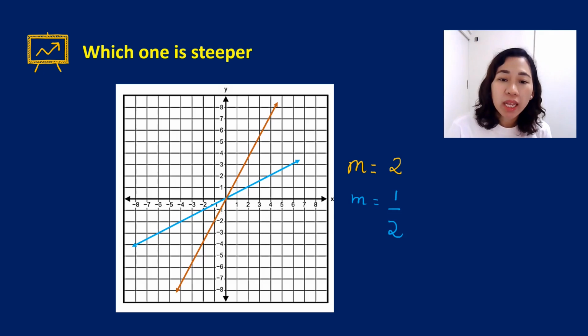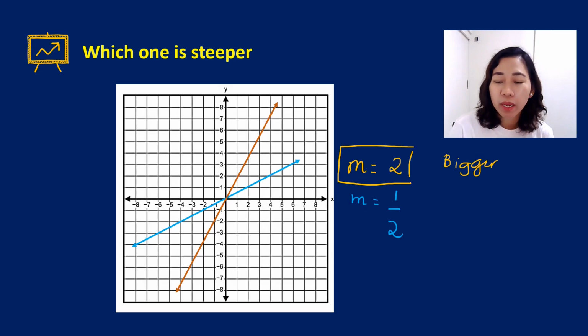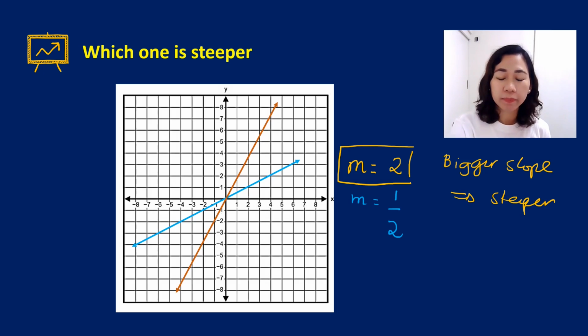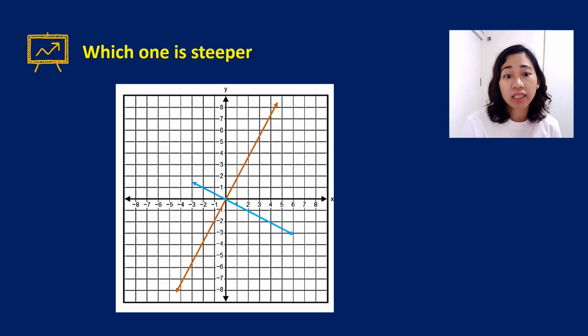Okay, so in this case, if both of the slopes are positive, which one would be steeper? Which one would be steeper? The line with the bigger slope. Alright? So my point there is that the bigger slope means that the line would be steeper.